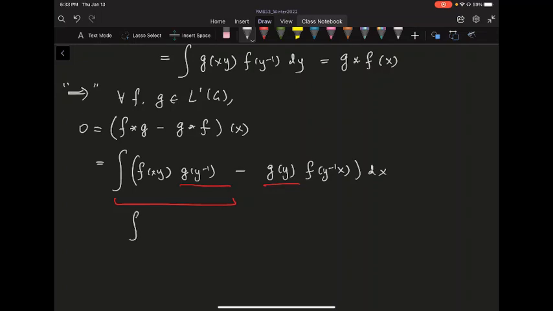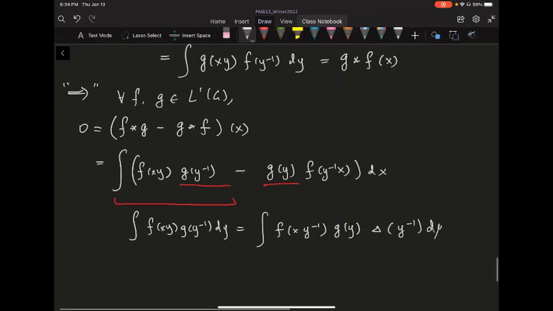If I want to integrate f(xy) g(y inverse) dy, I can replace all the y by y inverse. So I have f(x y inverse) g(y), and I need to compensate by multiplying by the modular function of y inverse, with d mu(y), or just dy.